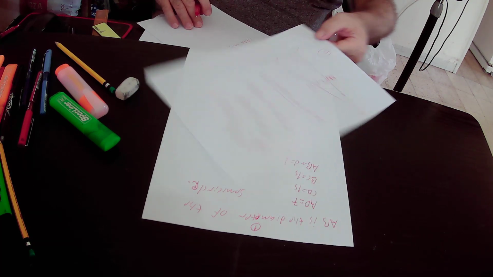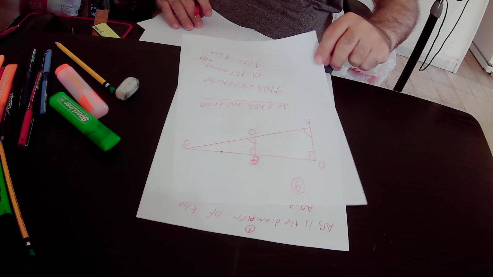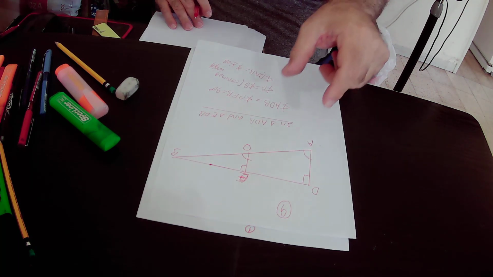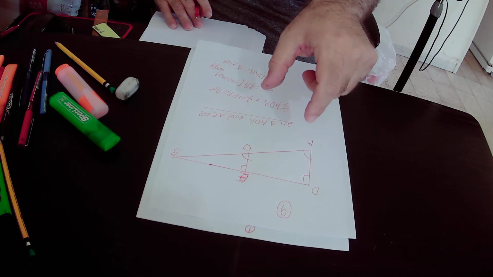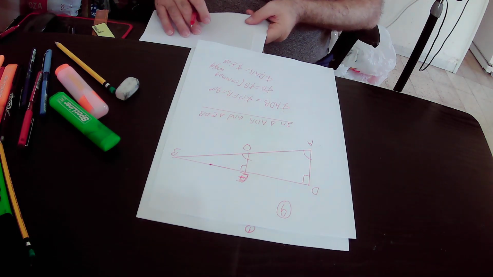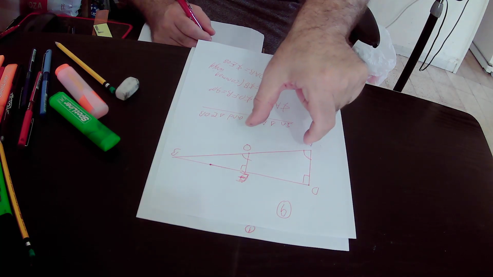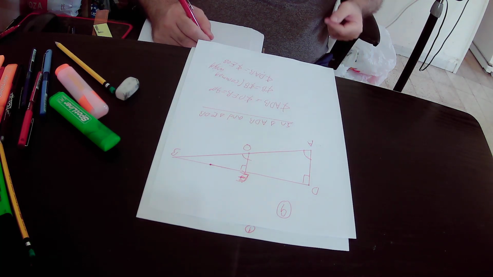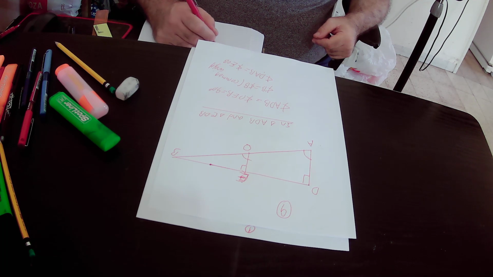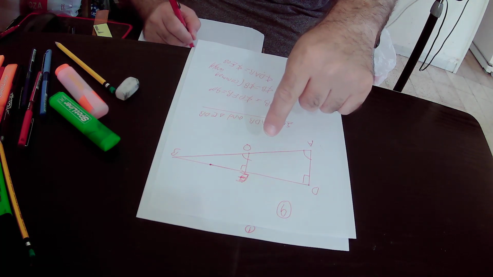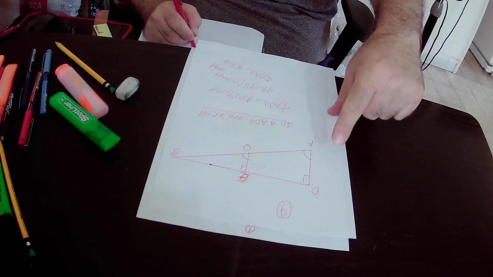Okay, therefore, the following relationship exists between the sides of those two similar triangles. Actually, AO over AB equals OE over AD.